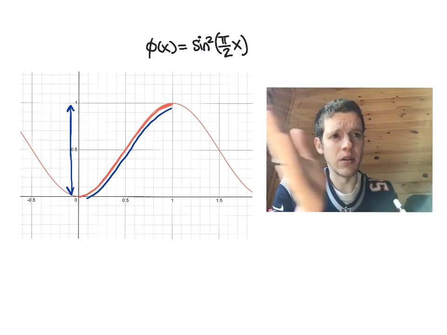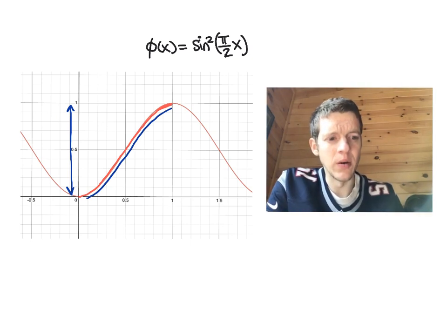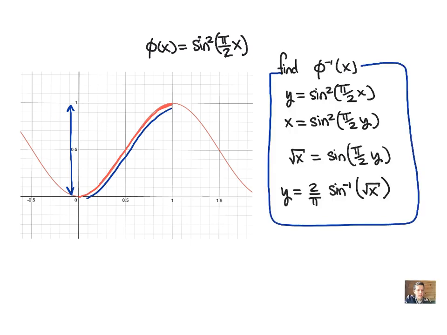The next step is to find the inverse and make sure that it's continuous. To find your inverse, remember the procedure. You have your function y equals sine squared of pi over 2 x. You flip the positions of the x and the y, and then you need to solve for y. So we'll take a square root of both sides.